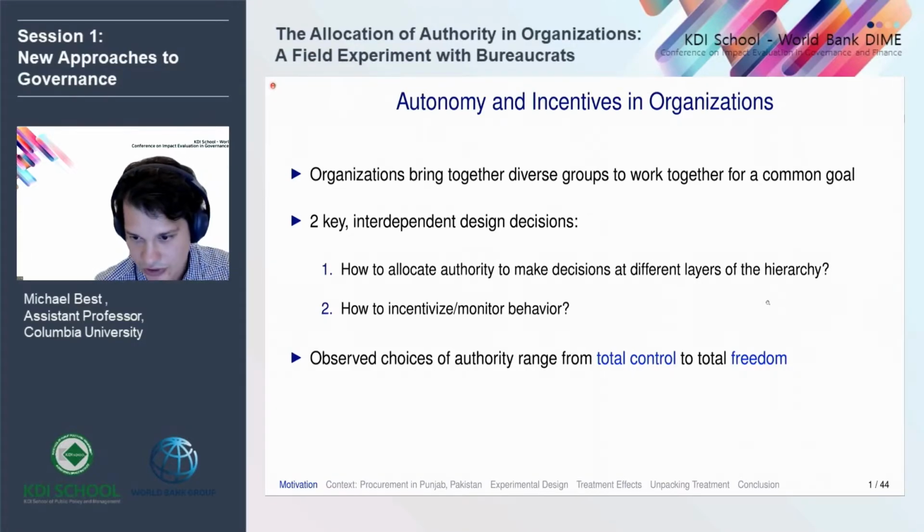All the way through to the absolute opposite. You see examples of organizations that have extremely flat hierarchies, and in which everyone is encouraged to do whatever they individually think is best for the organization, with very little top-down monitoring of their behavior.